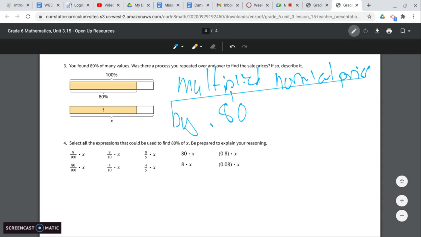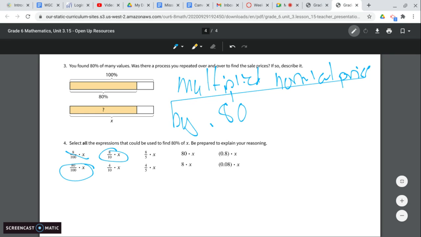All right, select all of the expressions that could be used to find 80% of X. Be prepared to explain your reasoning. So 8 out of 100, does that represent 80%? No. What about 80 out of 100? Yes, it does. So this one works. 8/10, is that the same thing as 80 hundredths?